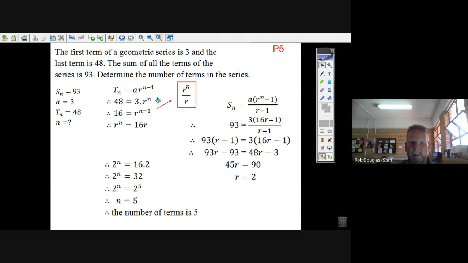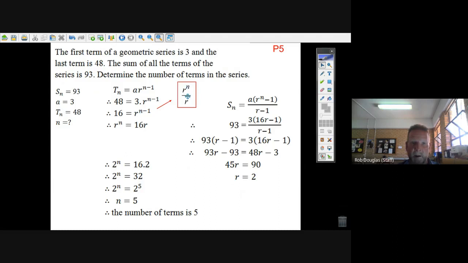So this whole r to the n minus 1 is r to the n over r. Well, now, if that's true, you could multiply both sides by r, and the r would come over here, you see, like this. You divide both sides by 3. 48 divided by 3 is 16. But when you multiply by r, there it's come. It's 16r, and you're just left with the r to the n by itself.